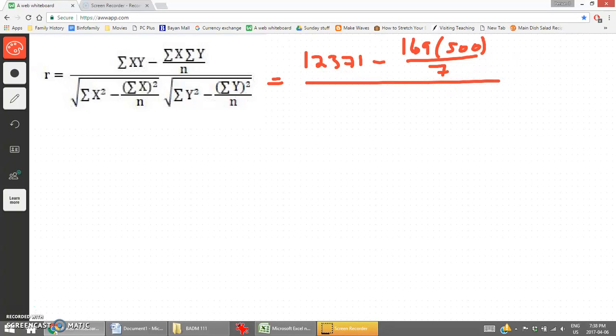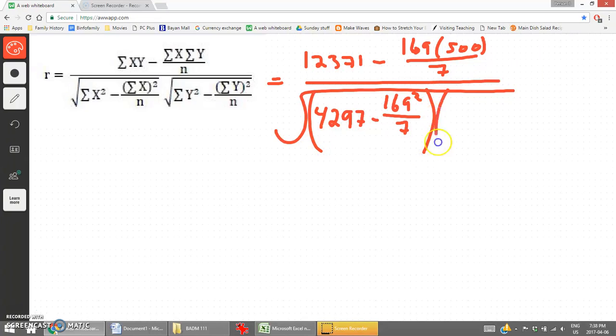That is all divided by the square root of the sum of x squared, so that value is 4297 minus the sum of x, 169, squared, divided by 7. And then we multiply that, still under the square root, by the sum of y squared, so 36278 minus 500 squared over 7.